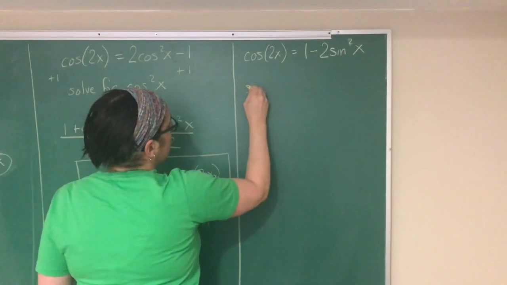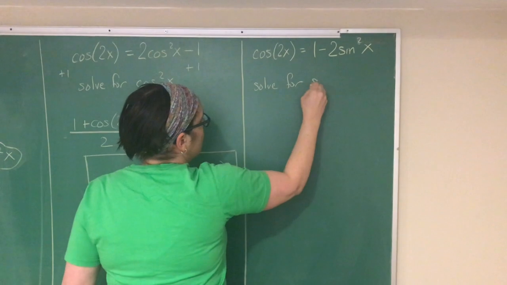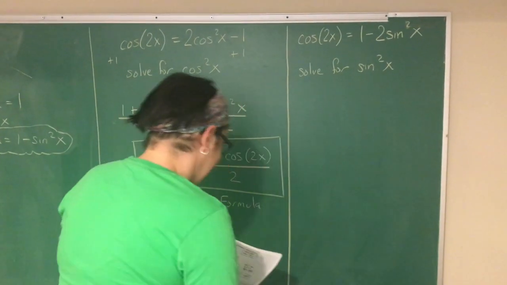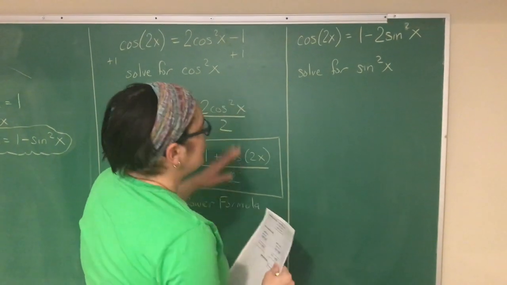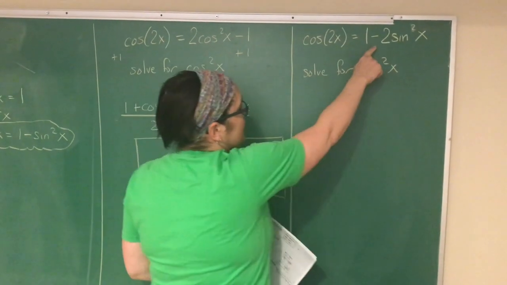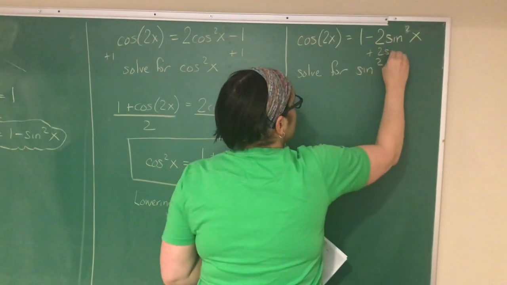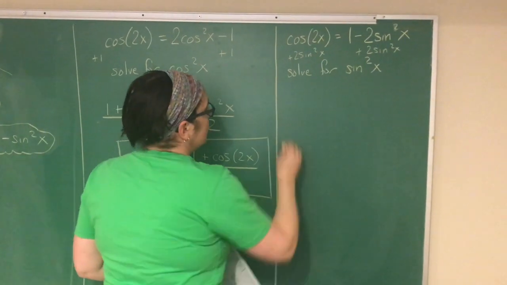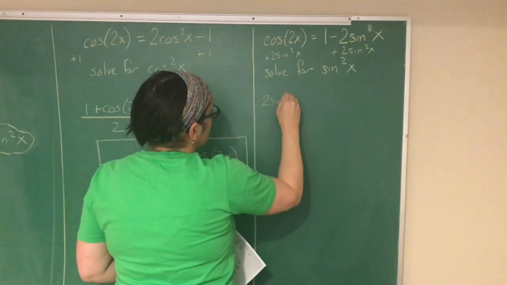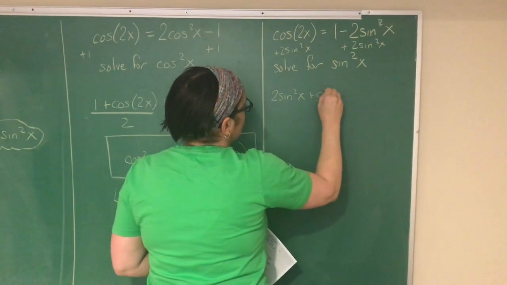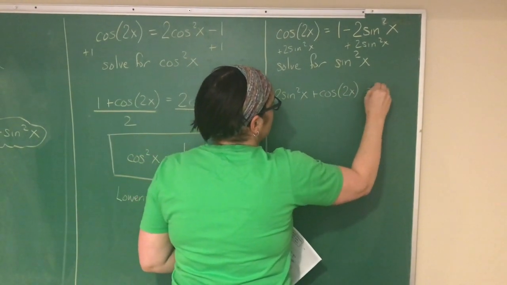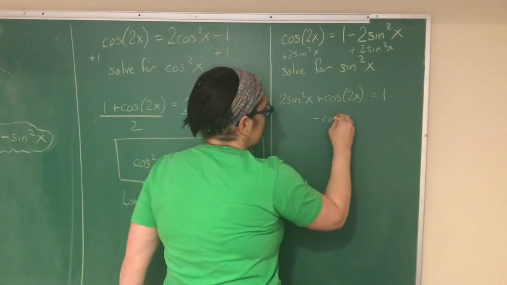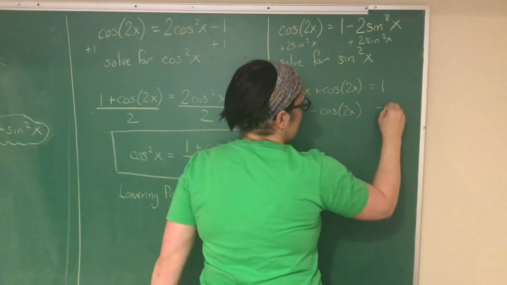And we can solve this equation for sine squared x. In order to make it look nice in the end, I'm going to start by adding 2 sine squared x to both sides. And so I have 2 sine squared x plus cosine of 2x is equal to 1. Then I'm going to subtract cosine of 2x from both sides.